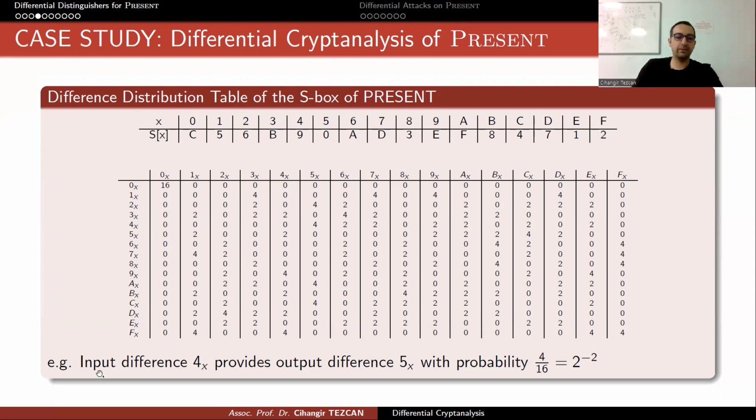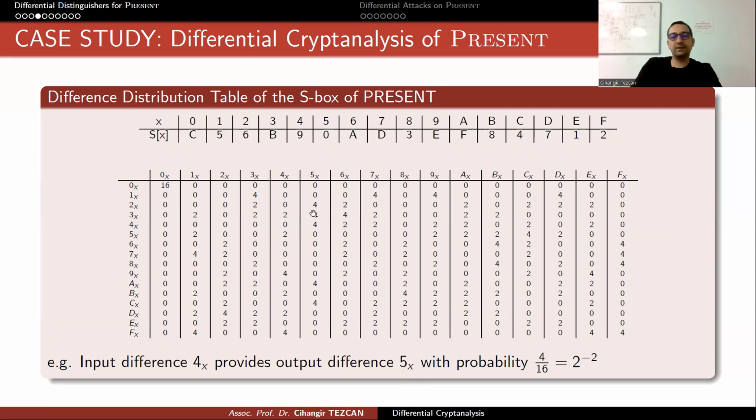So here's an example. If you have the input difference 4x, this means the 4th row, okay? This means that for the output difference 5, let's go and find the 5th column. You observe the value 4. So out of 16 possible input pairs which have the input difference 4, you will observe in 4 of those cases the output difference 5.